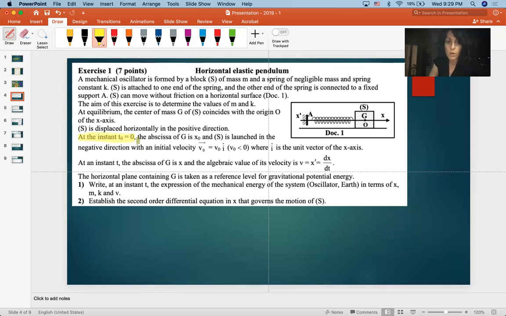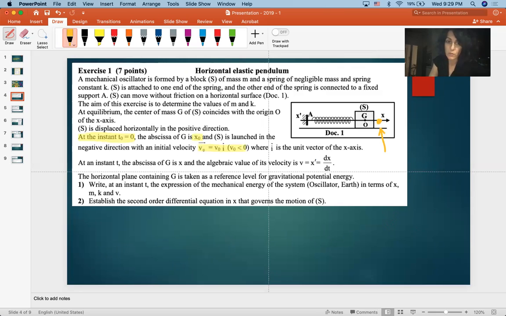At time 0, the abscissa of G is x0 and S is launched in the negative direction with an initial velocity v0. So at time 0, x is equal to x0 and v is equal to v0, and v0 is negative.